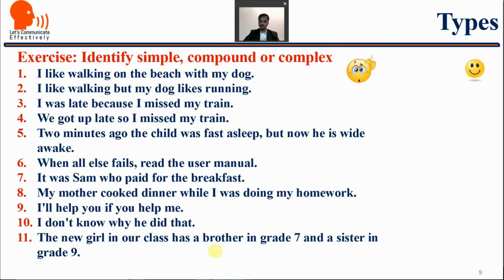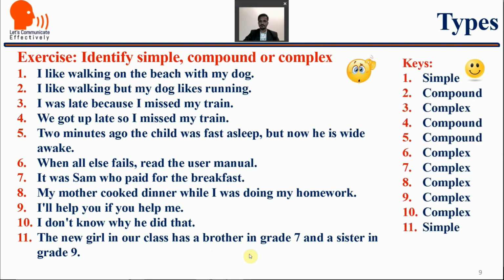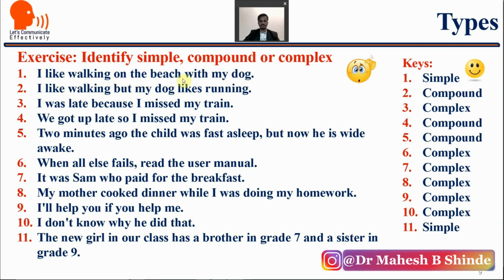Ready? So let us see the keys and find out how many of those sentences you got correct. So first is a simple sentence because it is just making one sense. I like walking on the beach with my dog. A simple thing, no two independent clauses, and none is dependent on another. Second is compound.